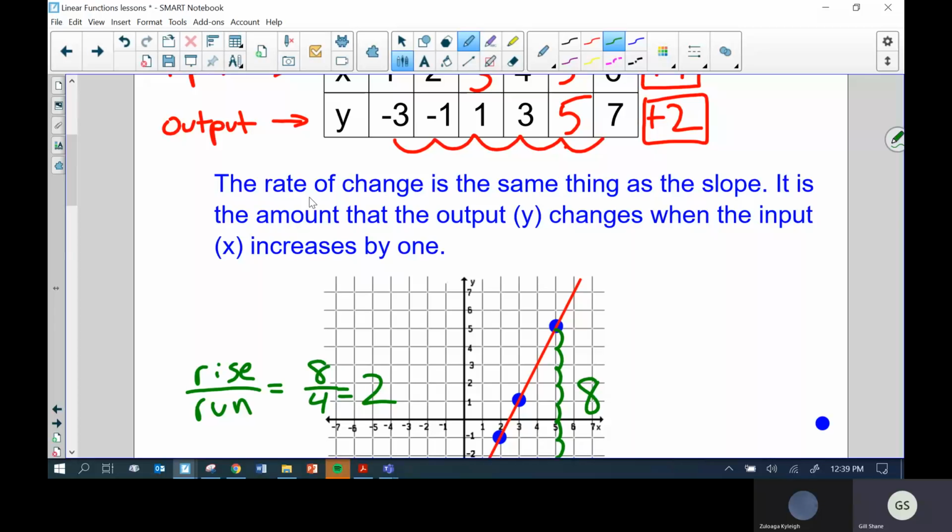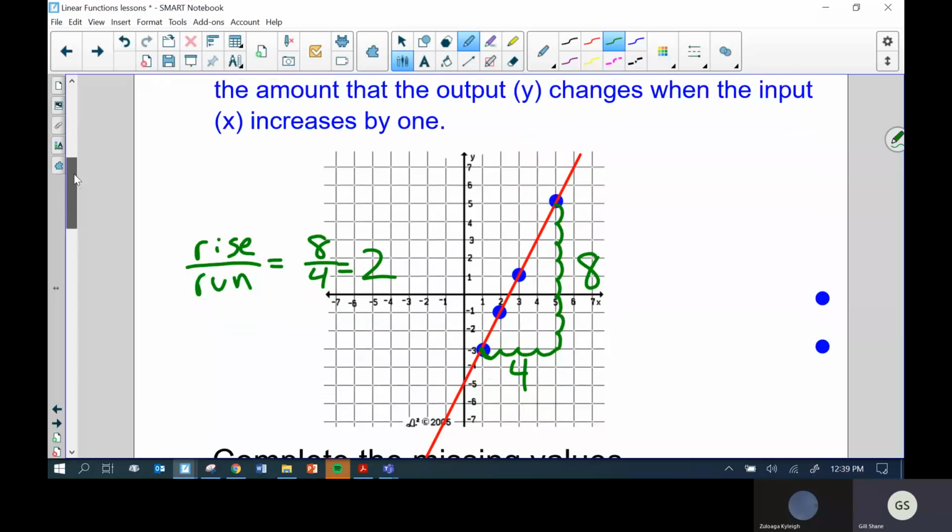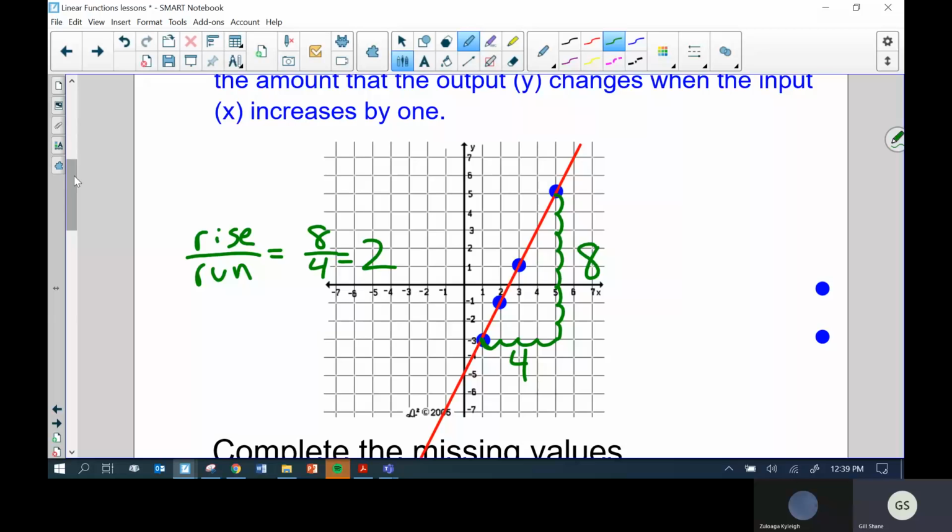And we could even look at the graph and say, every time we increase x by 1. For example, right here x is 0, and then I go to 1 right there. So I'm increasing x by 1 from here to here. What's the vertical change? What's my run and my rise?